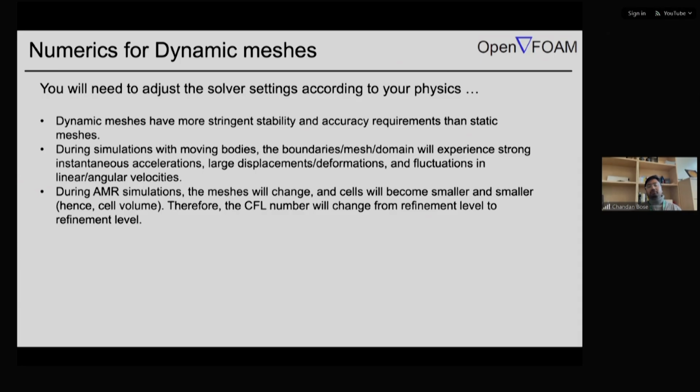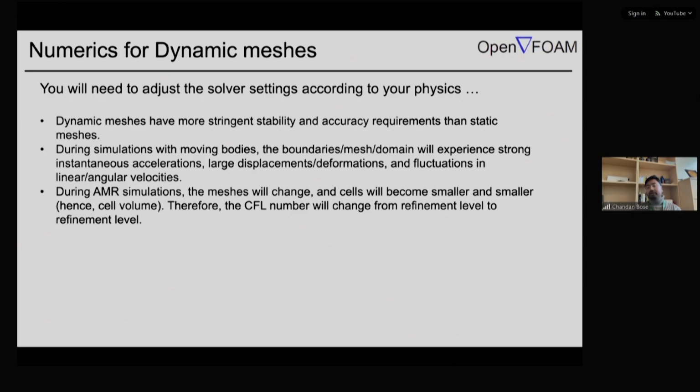Now, particular to the adaptive mesh refinement simulations, the meshes will change and the cells will become smaller and smaller, or if we go for unrefinement, we will join different cells to get bigger cells, etc. Hence, the cell volume will change.